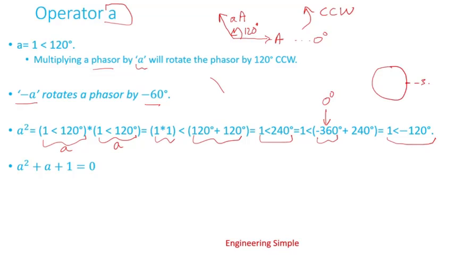Because you have minus 360, which is also 0 degrees. So then if you add minus 360 degrees plus 240 degrees, the same as minus 120 degrees.